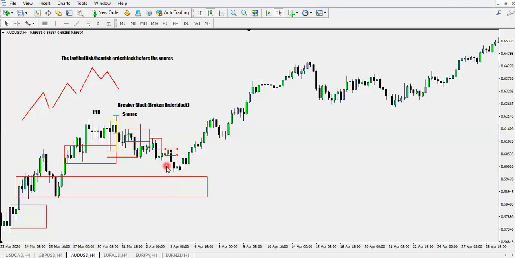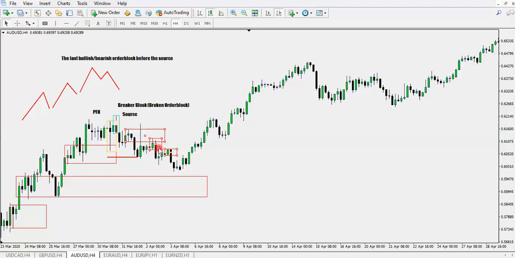Following our institutional order flow, we'll notice that this bearish order block was responsible for this move to the downside, and price tried to rally up but was rejected with this long wick, and then price started to rally up. Notice how price then intersected over here with our new order block, and when price tested that order block, it created another bearish order block, and price then rallied back down.